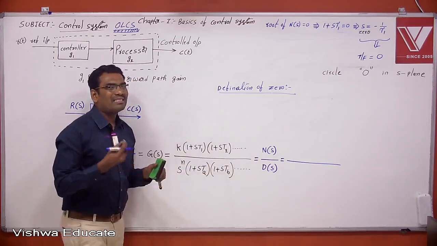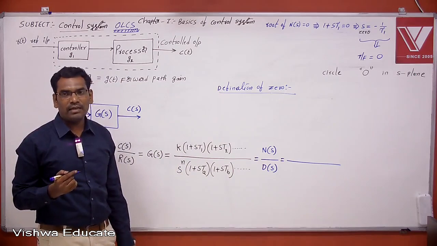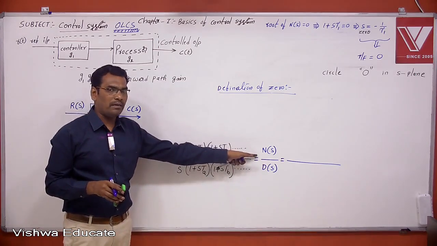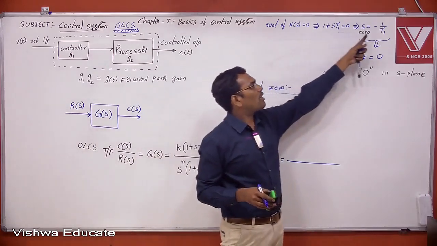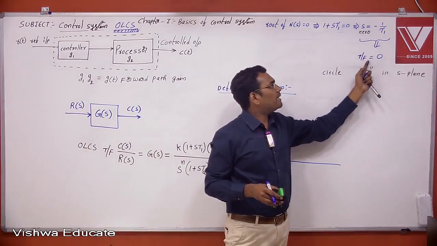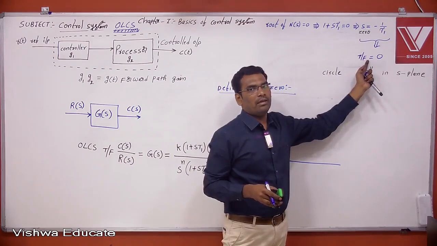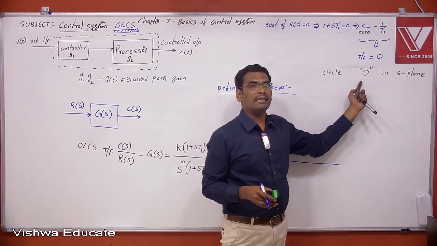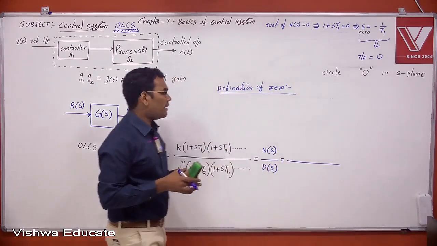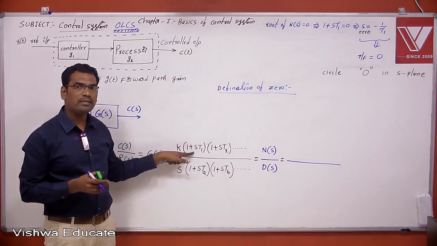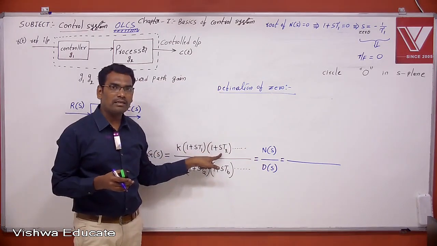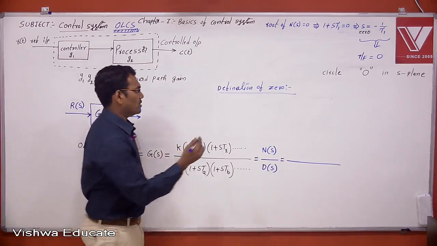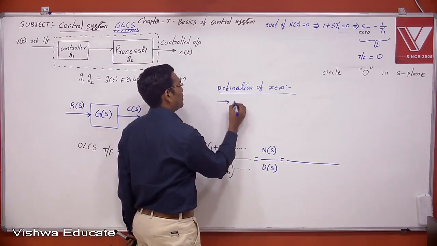Therefore the simple, standard definition is: a root of the numerator polynomial, which is a function of time constants and makes the transfer function 0, is represented by a symbol of circle in the S plane. In an easy manner, this is also called a zero.